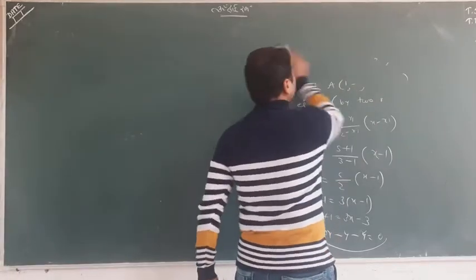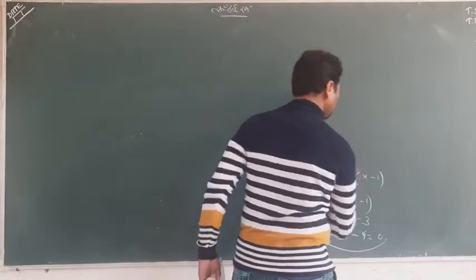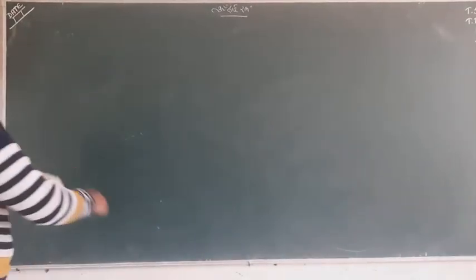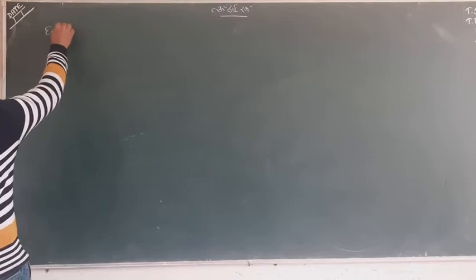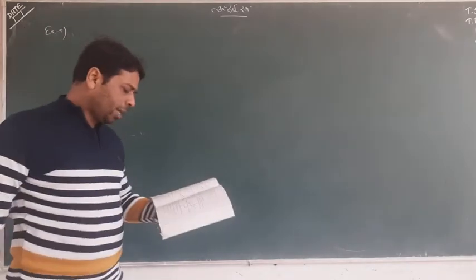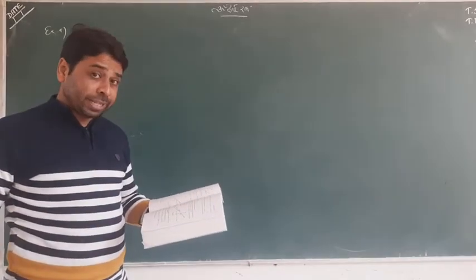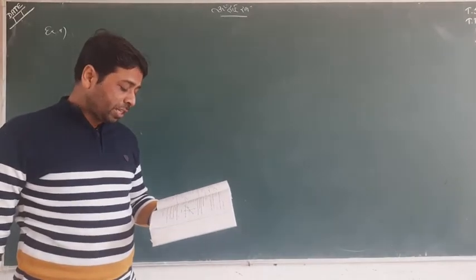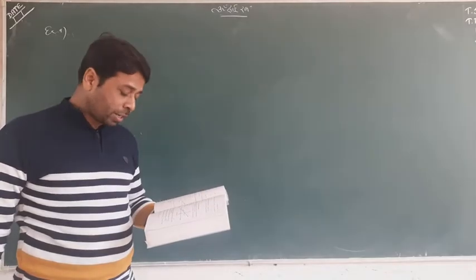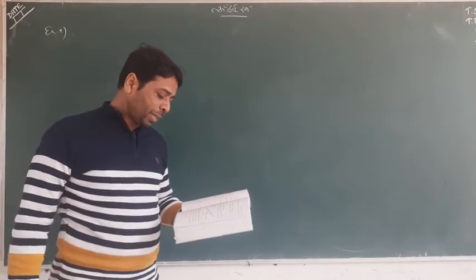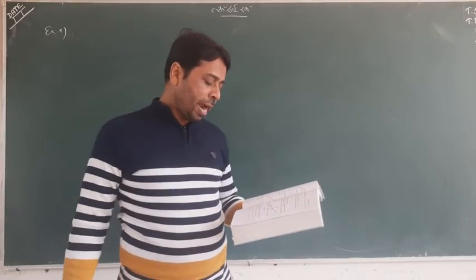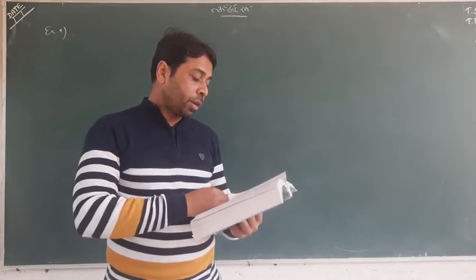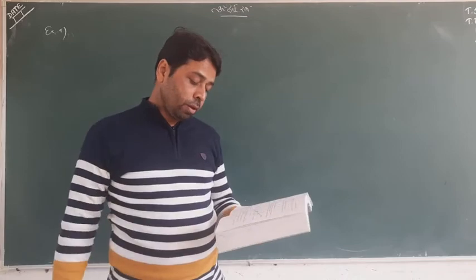Okay, now we'll go on to the 9th example. What does the 9th example say? Look at it. Example number 9: write the equation of the lines for which tan theta is half, where theta is the inclination of the line, and the y-intercept is -3/2, and the x-intercept is 4.